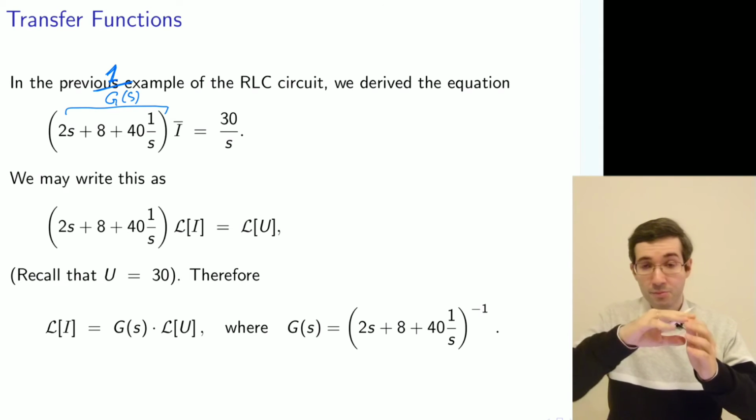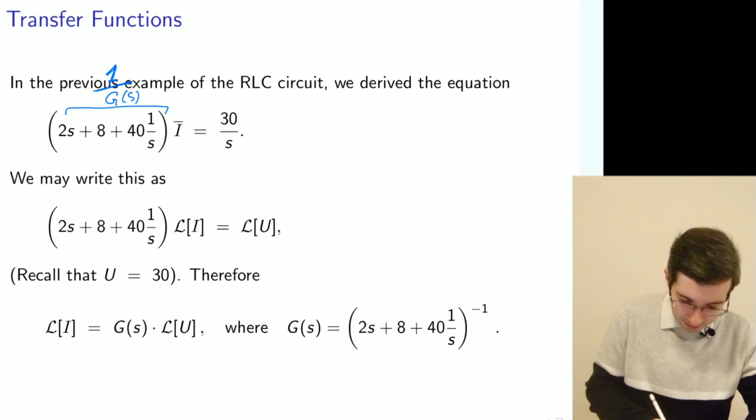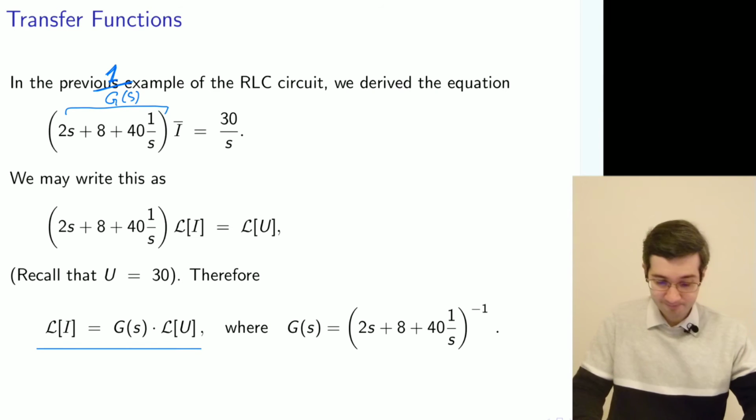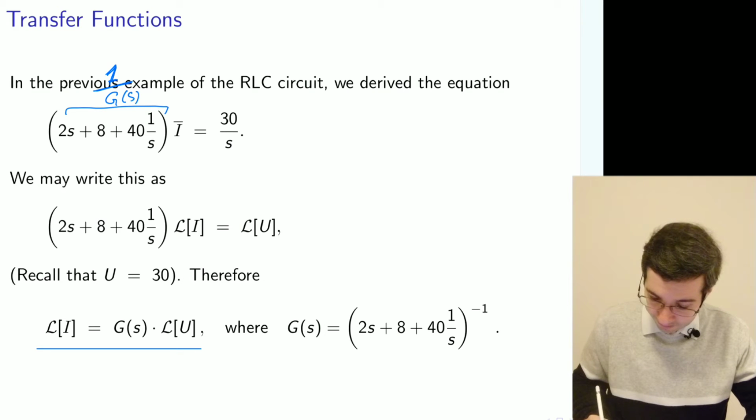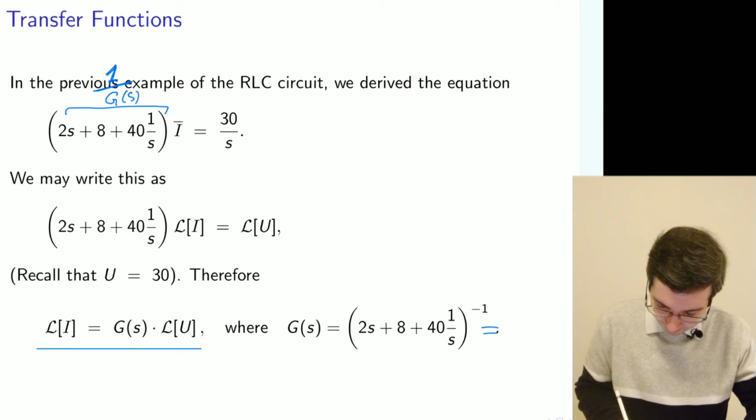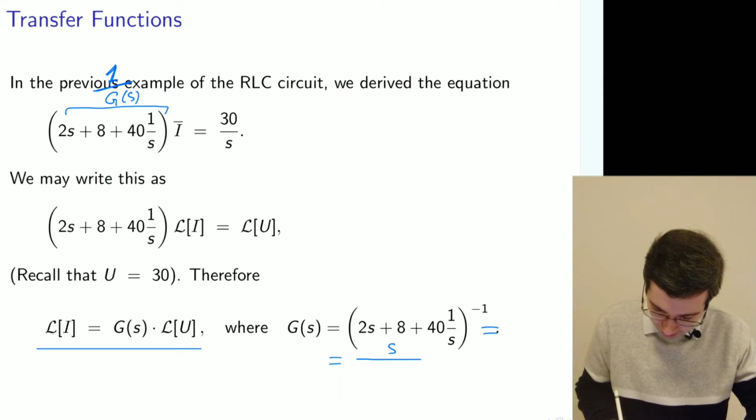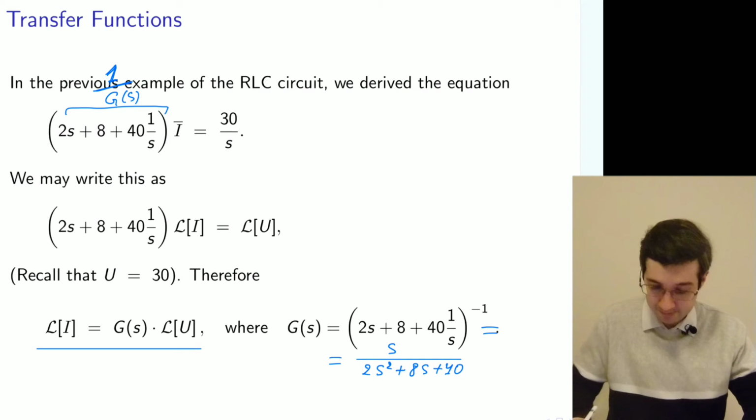Because if you move it to the other side, you'll see exactly that kind of expression. And you can simplify it to write as s over 2s squared plus 8s plus 40.